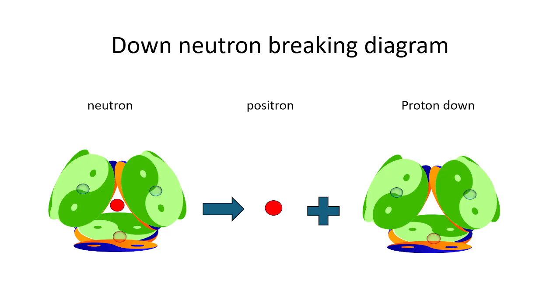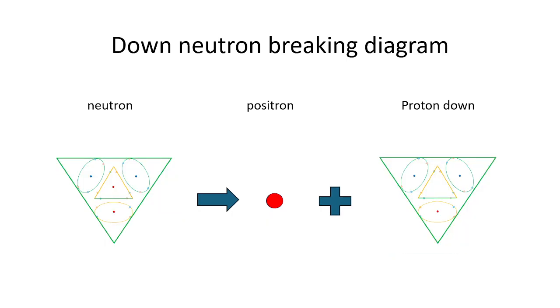Down neutron breaking diagram. Neutron becomes a position plus a proton down. Here is the transformation with symbols.